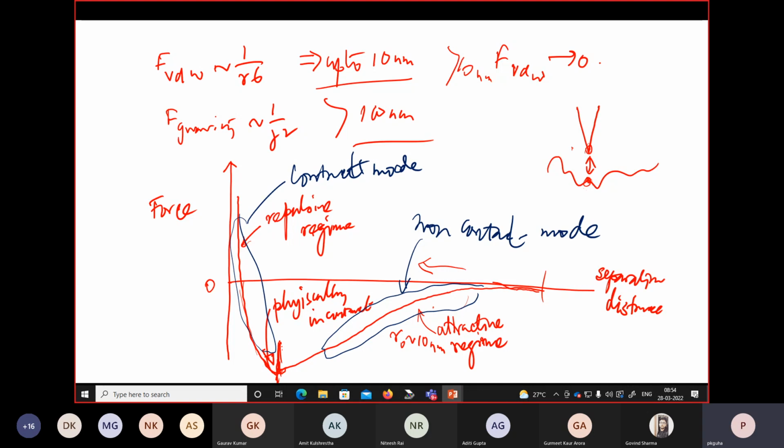Now, one more equipment I am tempted to discuss. This is known as XRD.